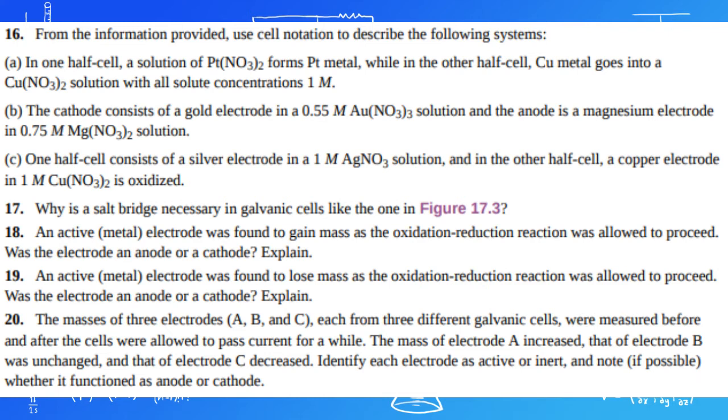Okay, so electrode B, its mass was unchanged, so it must have been inert. Just like the platinum in the standard hydrogen electrode, it neither gains nor loses mass, it just serves as a conduit for the hydrogen ions and hydrogen gas to change into one another.